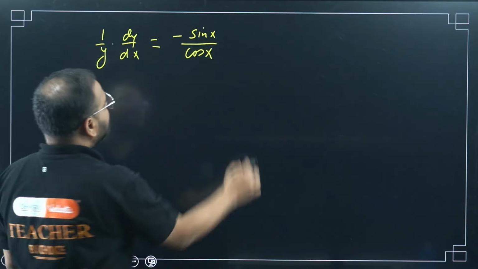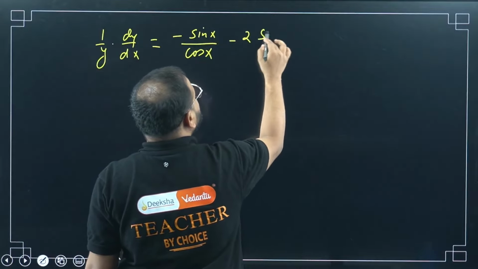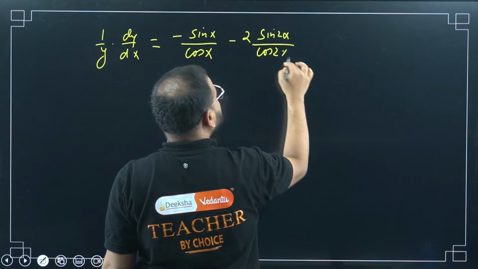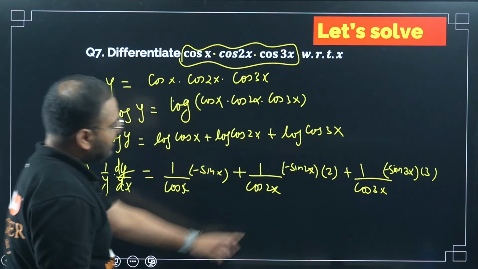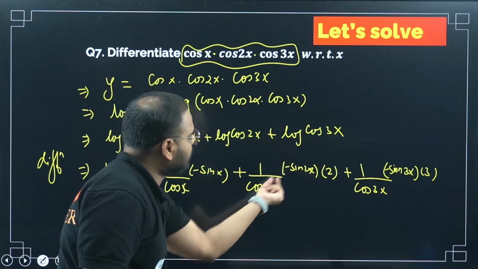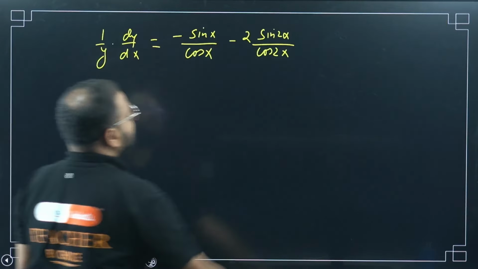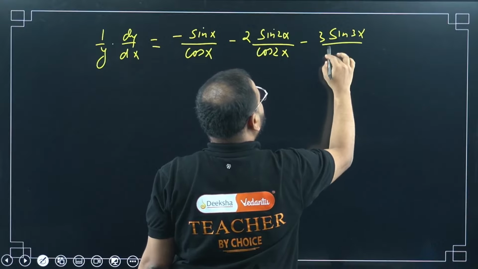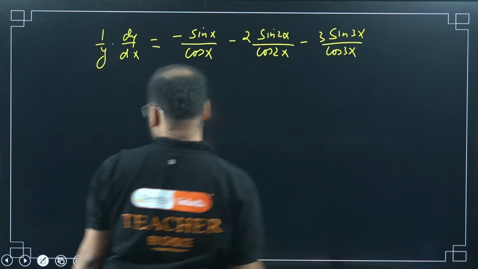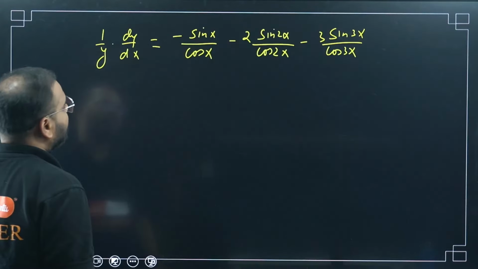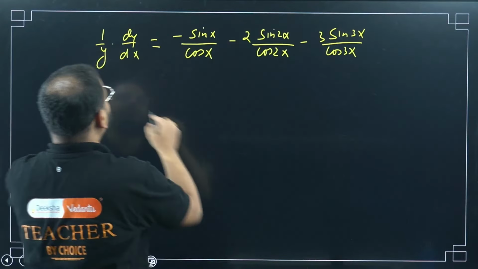Next I have got minus 2 sin 2x by cos 2x. Again this will be minus 3 sin 3x by cos 3x. Please check here. Correct. Okay.